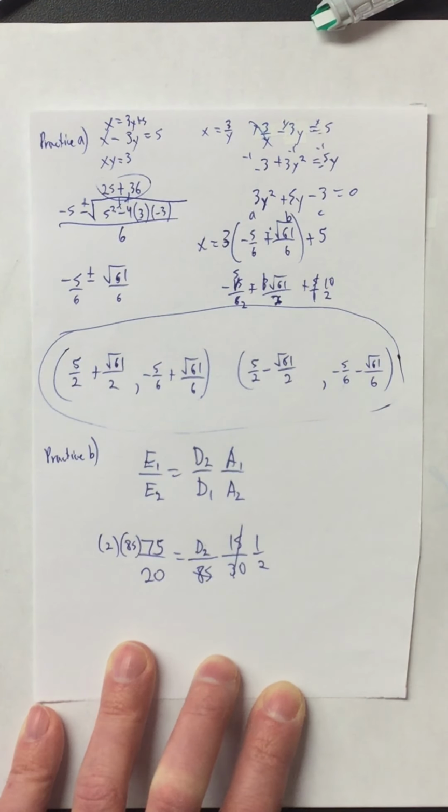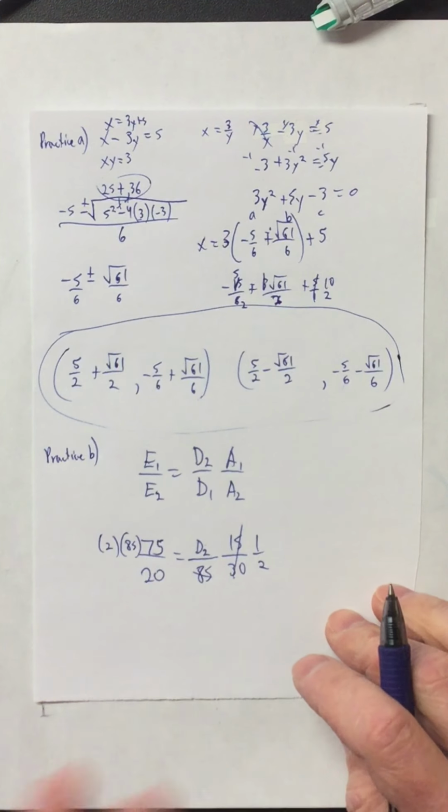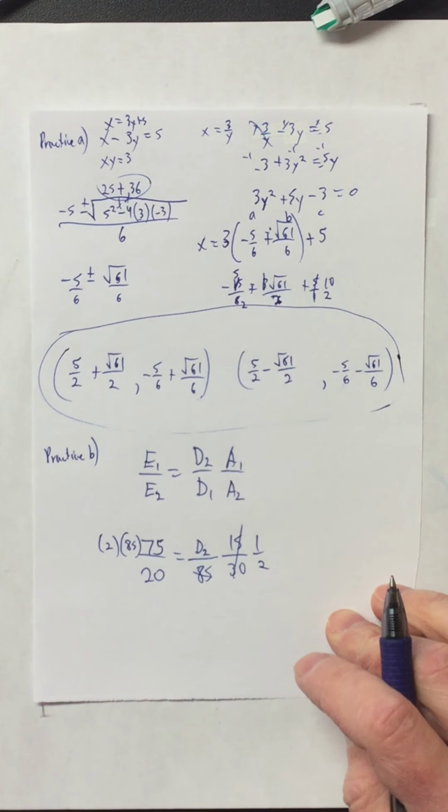So I'll grab the calculator here. 2 times 85 times 75 divided by 20 equals, and I get an answer of 637.5. I would like it to be a whole number.